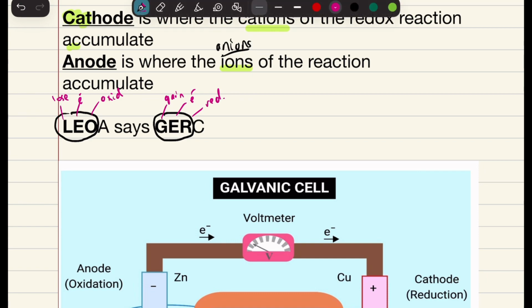And then here, when we say Leoa, well, losing electrons is oxidation. That's going to be at the anode. So we say Leoa. And then gaining electrons reduction is at the cathode.